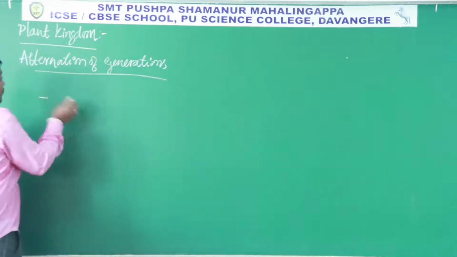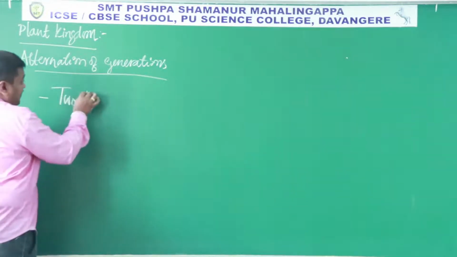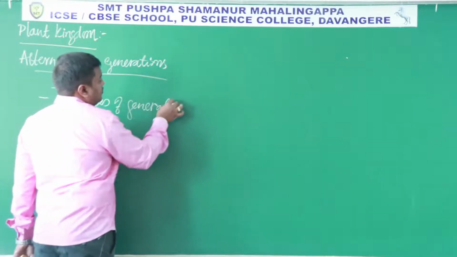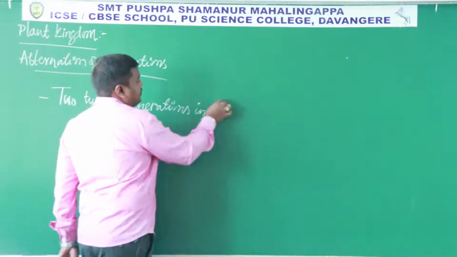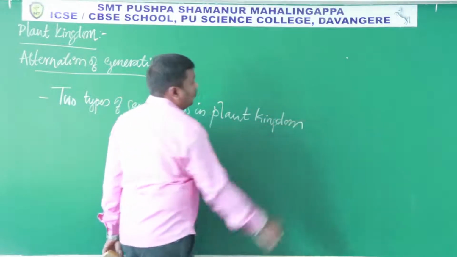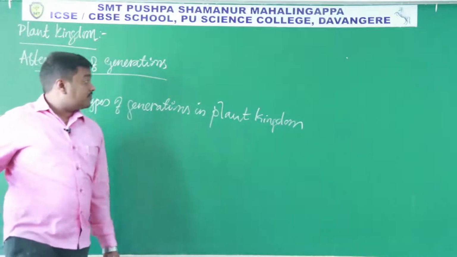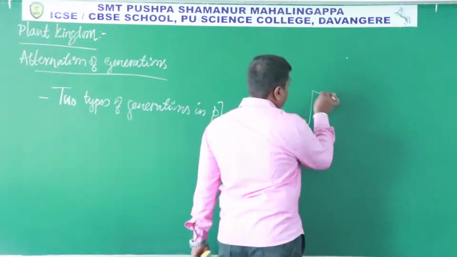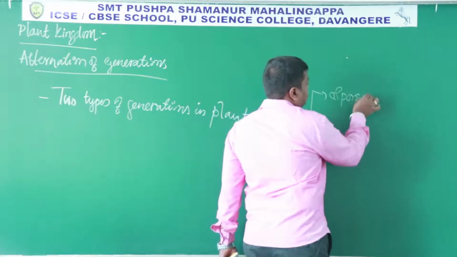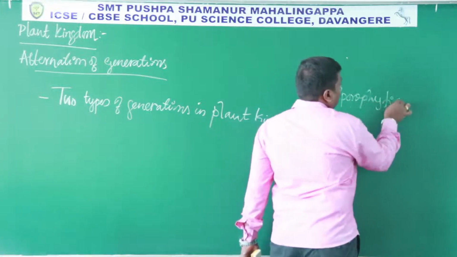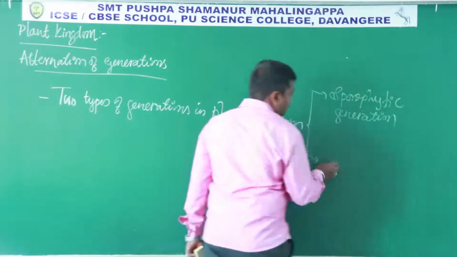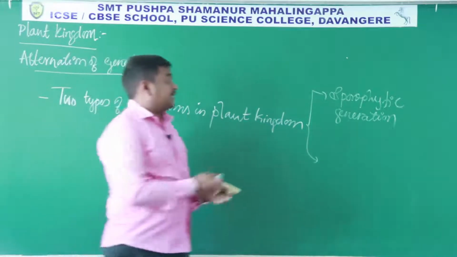In plants, you come across two types of generations in the whole plant kingdom. One is sporophytic generation, another one is gametophytic generation.